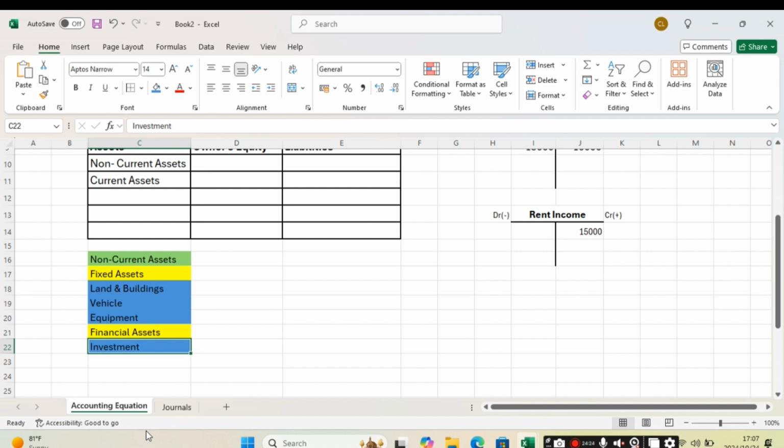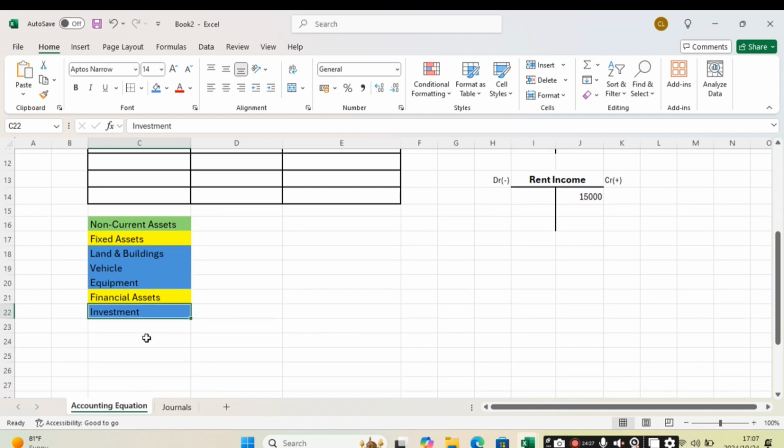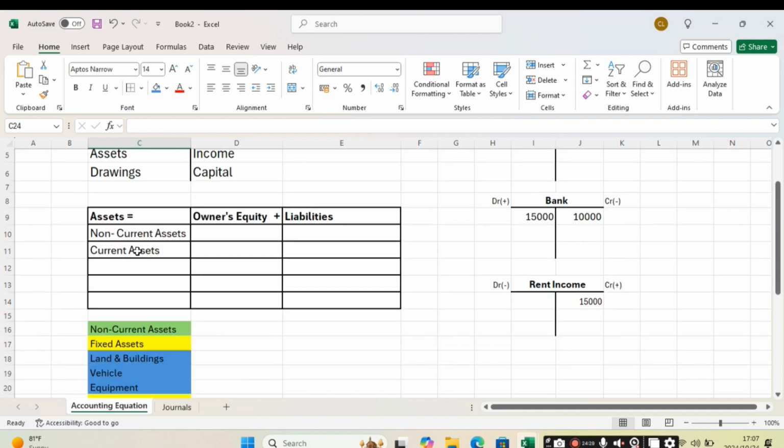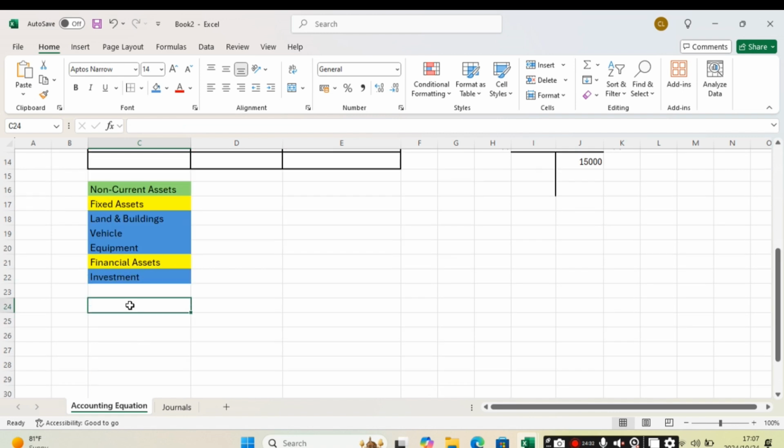Hope this makes sense. Okay, so we're moving on from our non-current assets, and then what do we have? We have current assets. What do we have under current assets?